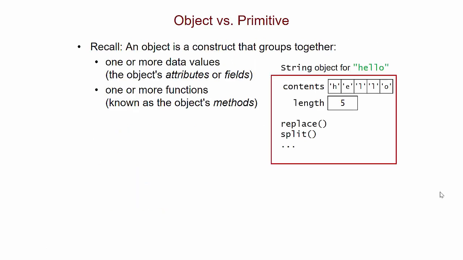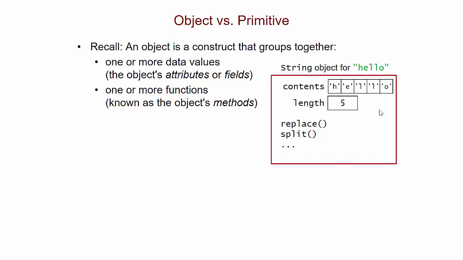If something is not a primitive, it is an object. And if you remember, what that means is it's a construct that groups together one or more pieces of data, those are the fields of the object or the attributes, along with one or more functions or methods that belong to that object. So for example, strings are objects.